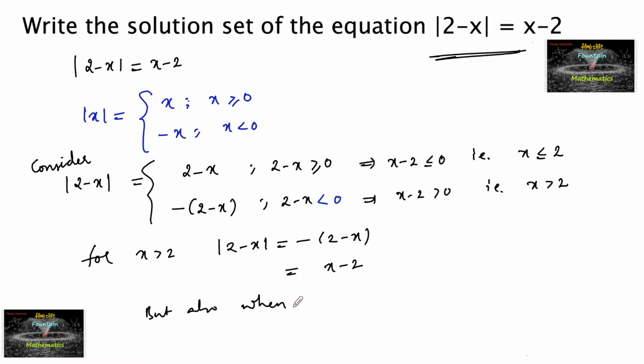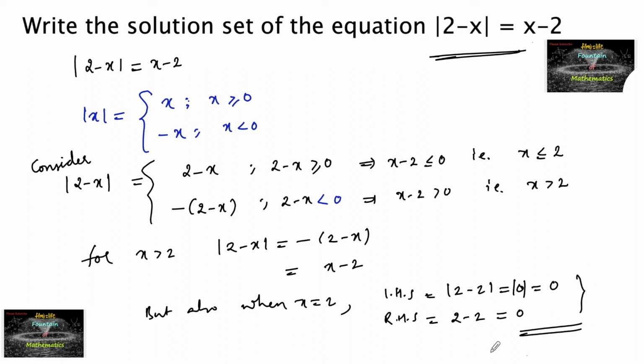But also when x is equal to 2, the left hand side is mod of 2 minus 2, which is equal to 0, that is mod 0, the modulus of 0 is 0, and the right hand side, x minus 2, that is 2 minus 2, which is equal to 0.